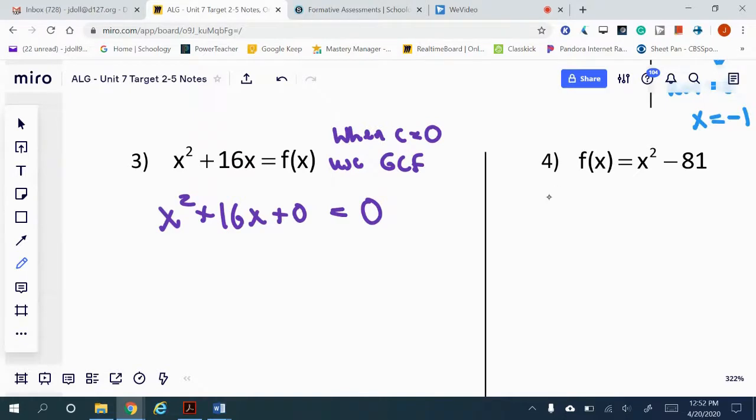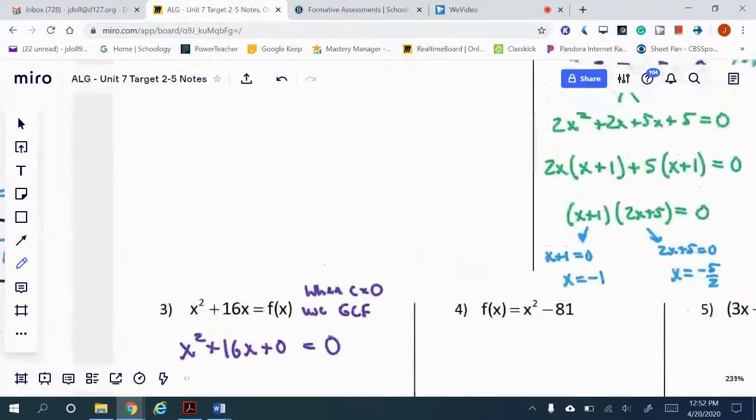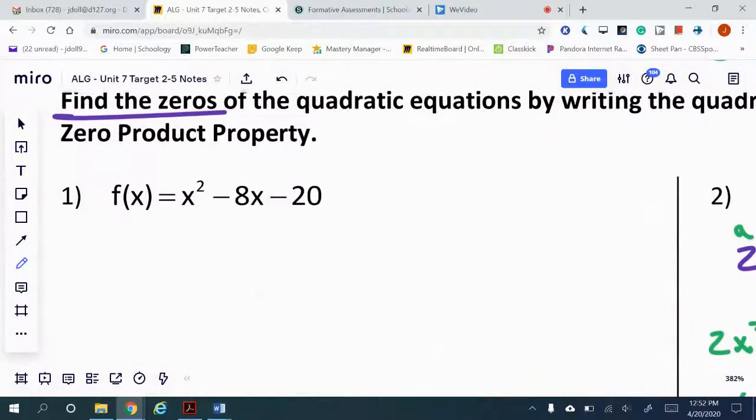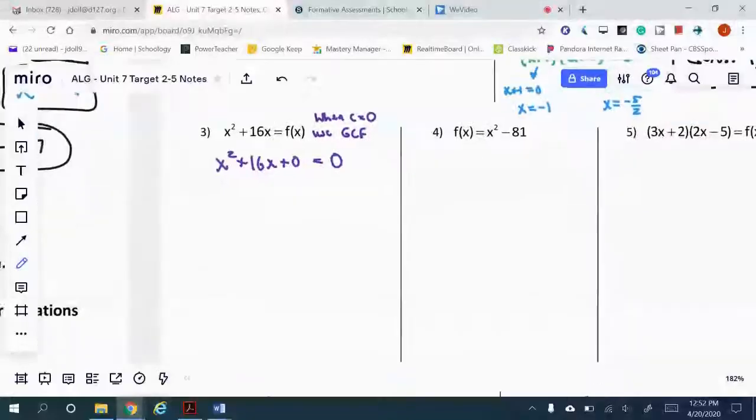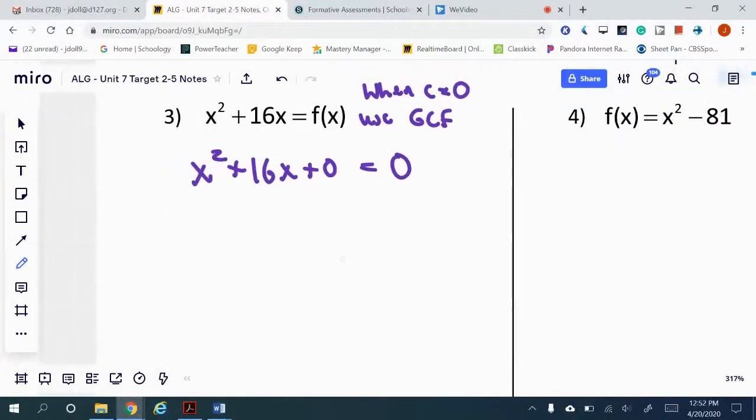But notice, because we don't have a c value, I now have a greatest common factor between x squared and 16x, which I didn't have before, right, in this quadratic because the c value didn't have an x. So what we can actually do in this case is just factor out my greatest common factor.